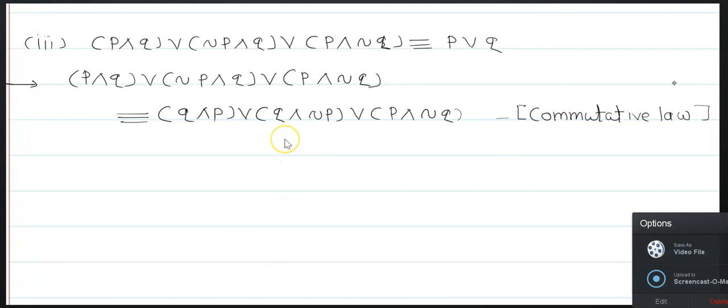This is the commutative law. What would have been the Q and P or Q and negation of P, or this statement as it is.